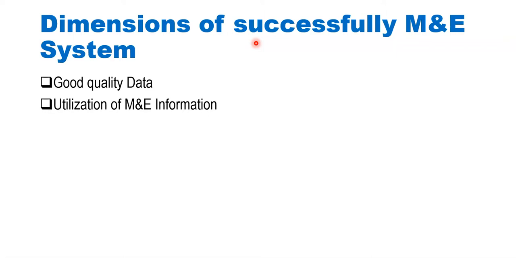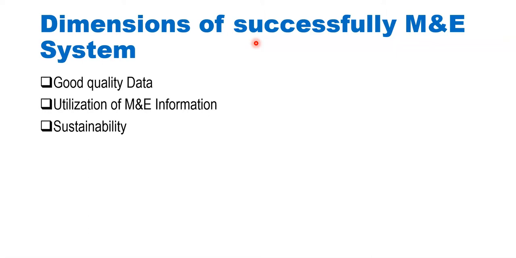The second is utilization of M&E information. As much as we collect data, we analyze data, we produce information, then for the M&E to be successful, it has a mechanism of using that information. Again, it needs to be sustainable. We need to have systems that are sustainable.